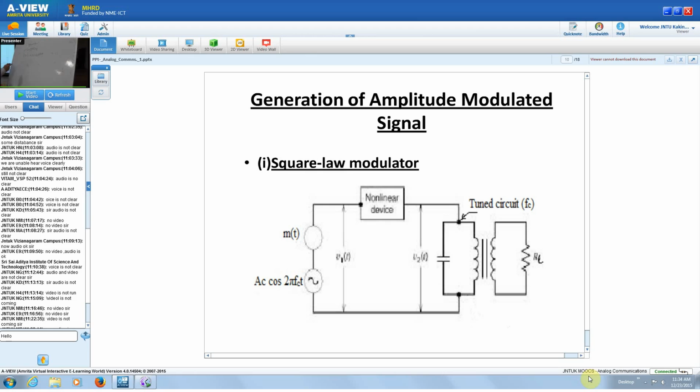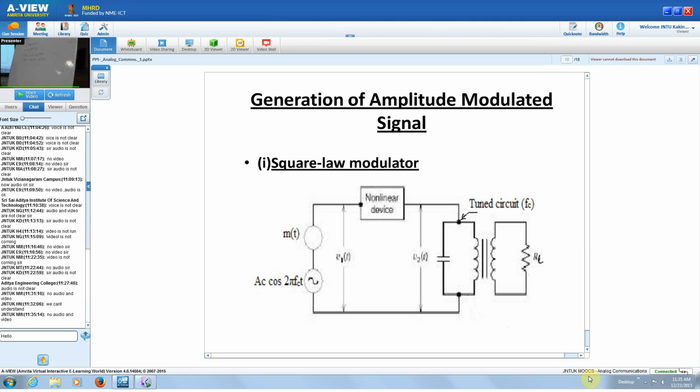Let us say the nonlinear characteristic of the device is V2(t) equals a V1(t) plus b V1 squared(t). We are considering a second order nonlinearity, so the device is operated on the nonlinear characteristics of the diode or transistor, with the typical characteristic a V1(t) plus b V1 squared(t) between the input and the output of the nonlinear device.